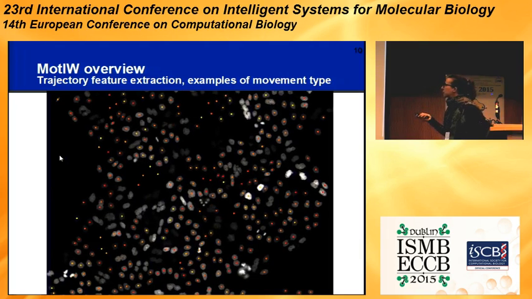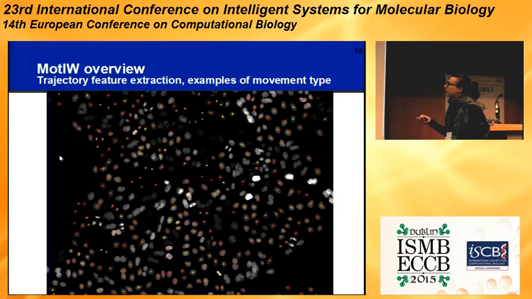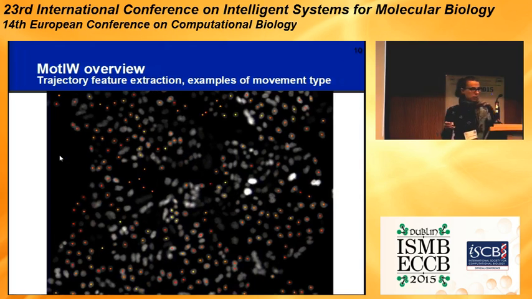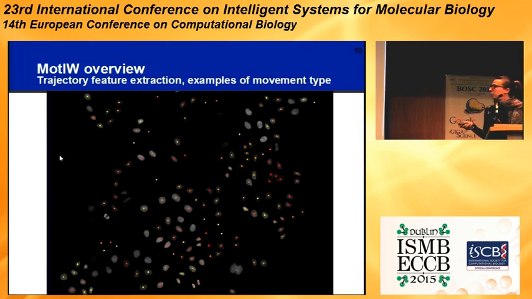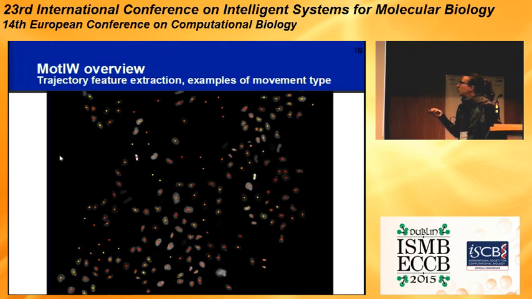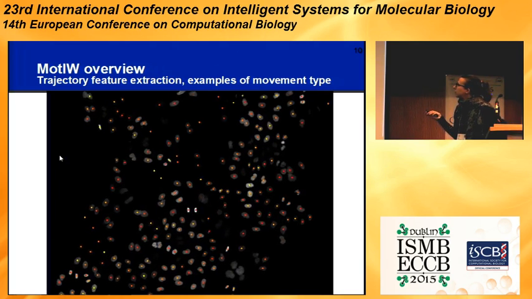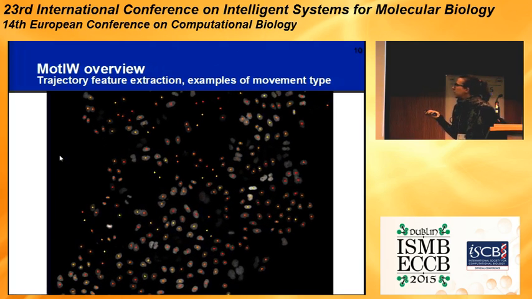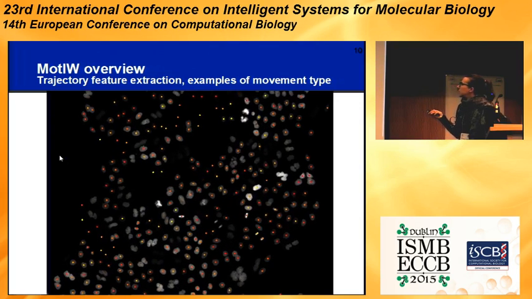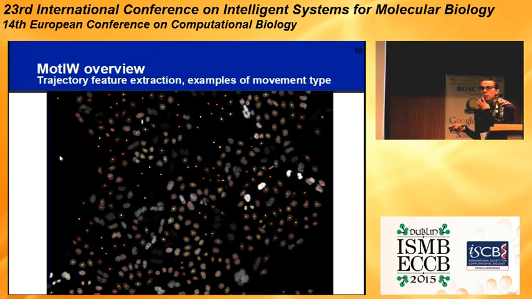The color of the dot indicates its movement type: the yellower, the closer to 0, so the more subdiffusive, and the redder, the closer to 1, meaning the more directed. If you look at the cells now, you can see that indeed cells that have a red dot are clearly more directed than cells that have a yellow dot. If you look at this group of cells here, it's kind of obvious. So it corresponds to what we wanted to compute.